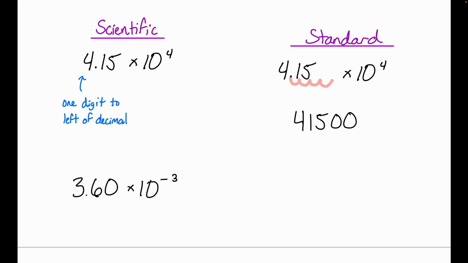All right, big number or a little number? Little number. So now we're going to bounce it the other way, so we get a little number. And I need to bounce it 3 times. 1, 2, 3. All right.